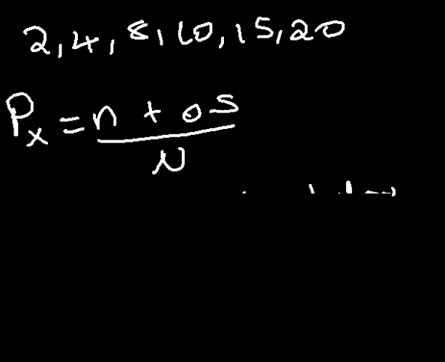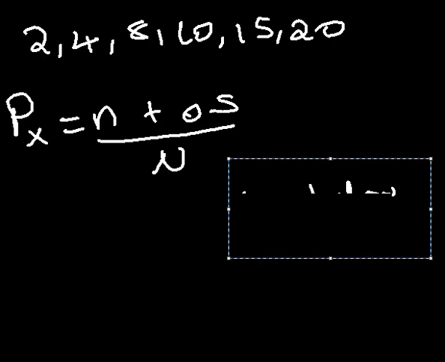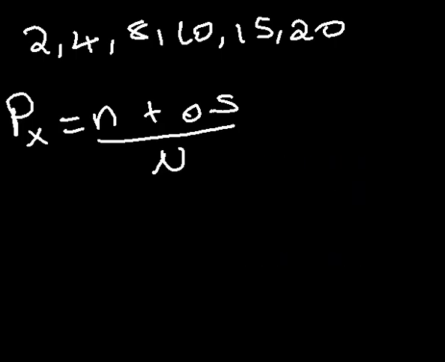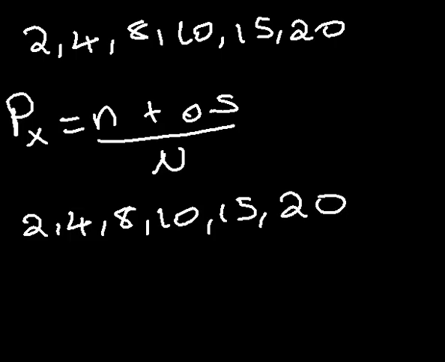So what is the percentile of the value 8? First thing, we should arrange the data in ascending order: 2, 4, 8, 10, 15, 20, and lucky enough the data is already in ascending order. But anyway, that is the way to go. So mind you, here is 0.5, and that times 100%.